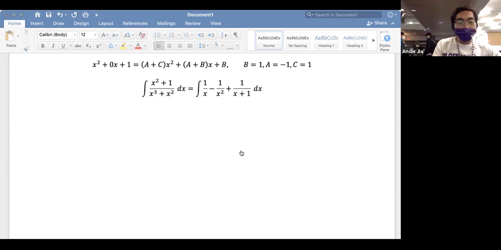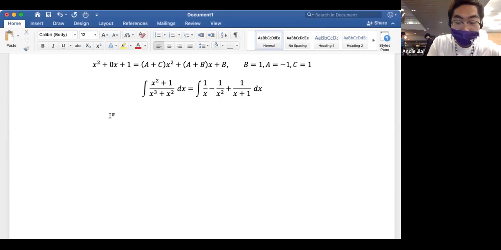Let's do initial for spring 2016 question 4. So number 7 is going to be spring 16 question 4, which is an improper integral.